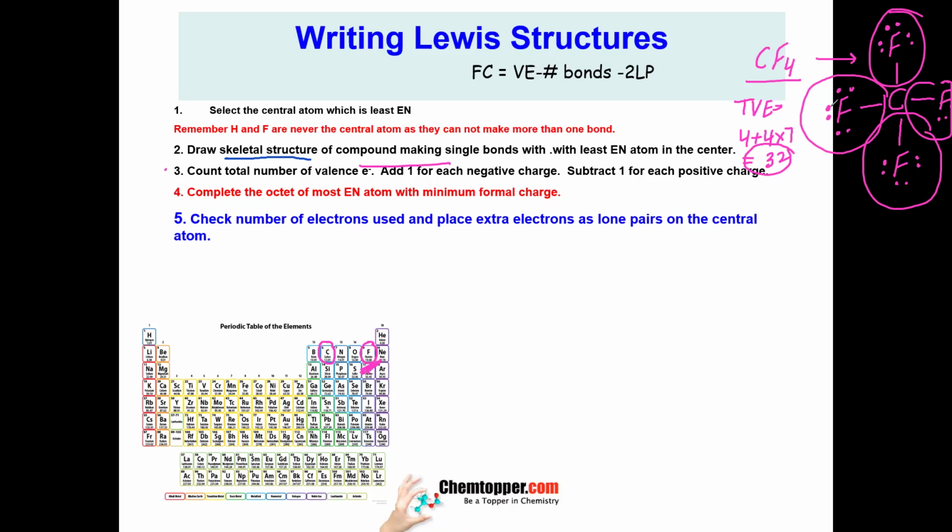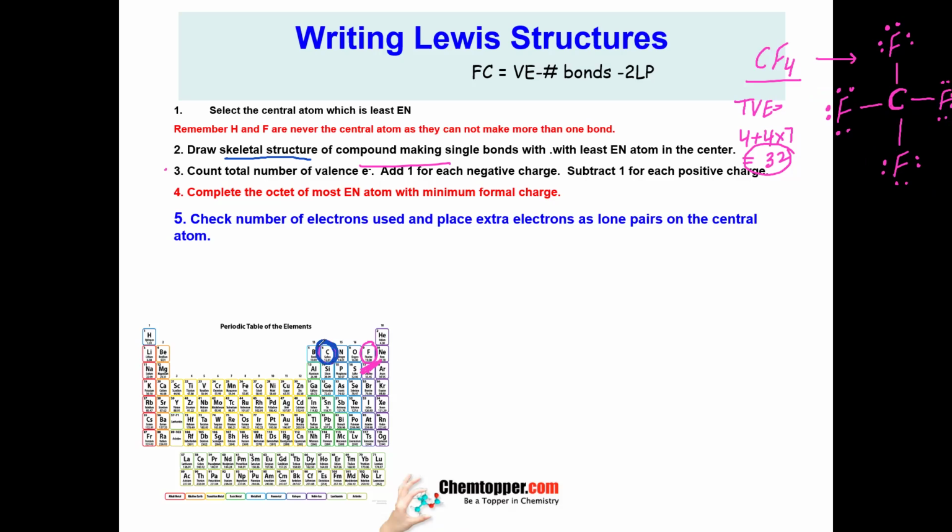So is carbon happy, children? Is carbon happy? Yeah, it is happy. It is with 8. 4 bonds. 4 valence electrons, 4 bonds. Carbon is very happy. And you cannot make more than 4 bonds around carbon because it cannot expand the octet.